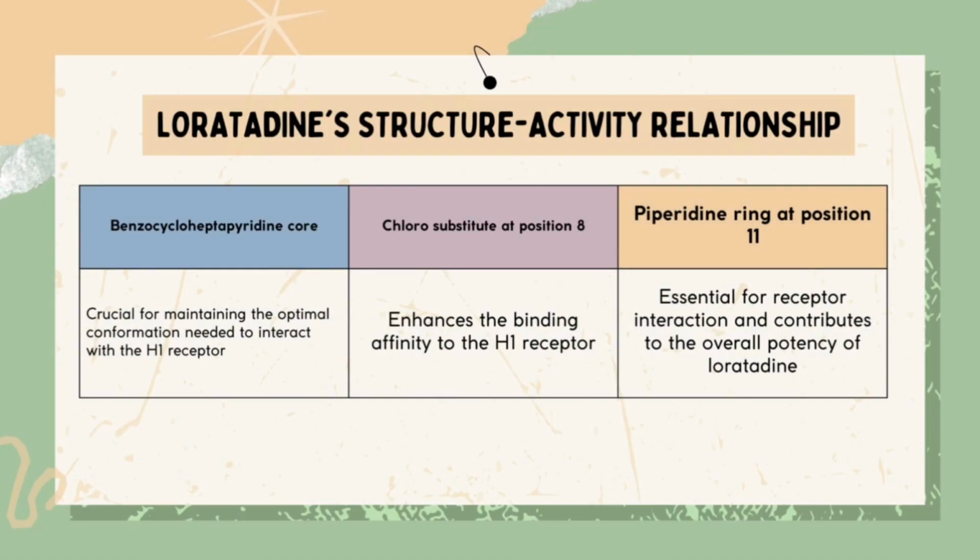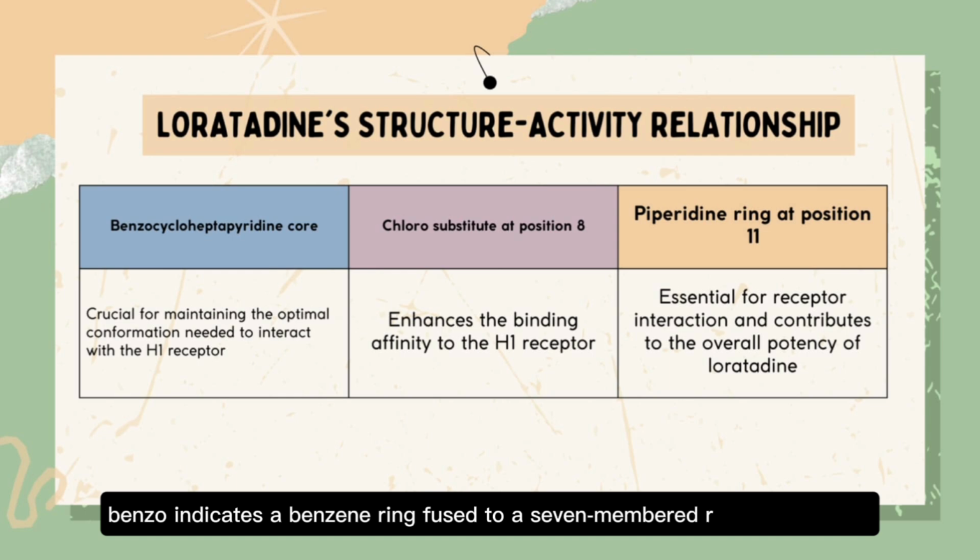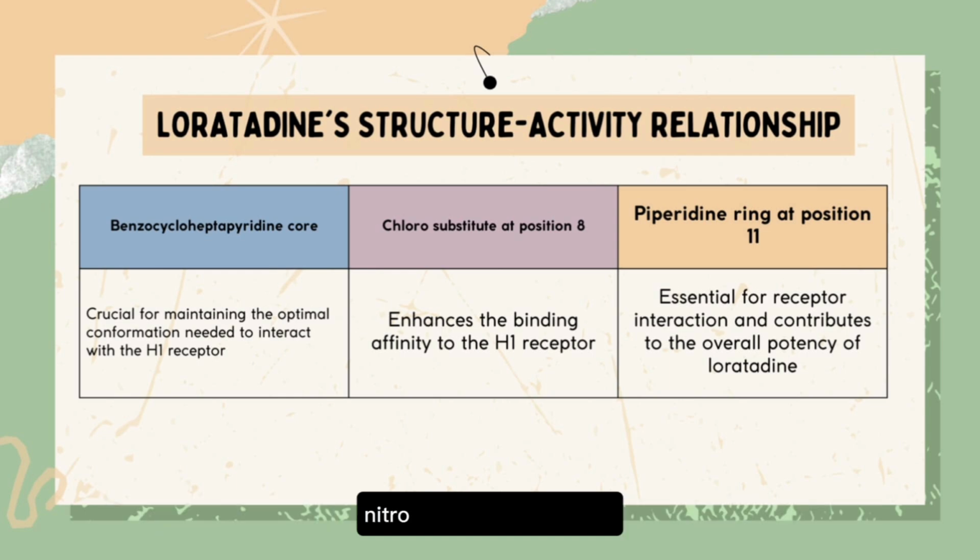The benzocycloheptapyridine core is crucial for maintaining the optimal conformation needed to interact with the H1 receptor. This means that it is the central rigid structure of the loratadine molecule. Benzo indicates a benzene ring fused to a 7-membered ring containing a nitrogen atom, or pyridine.